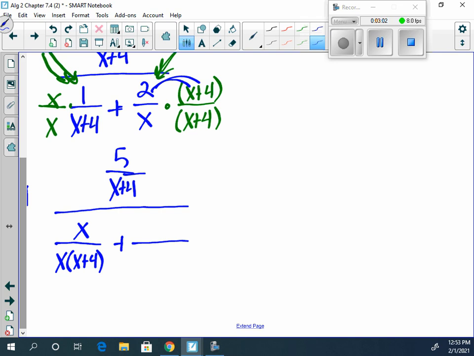So we're going to multiply 2 by x and 2 by 4. Well, 2 times x is 2x. 2 times 4 is going to be plus 8. And it's over x times x plus 4. So we did this so the denominators are the same, because once the denominators are the same, we can add these fractions.